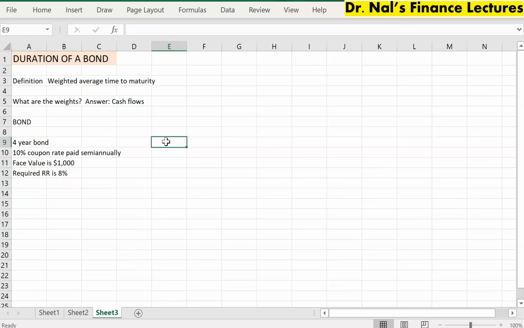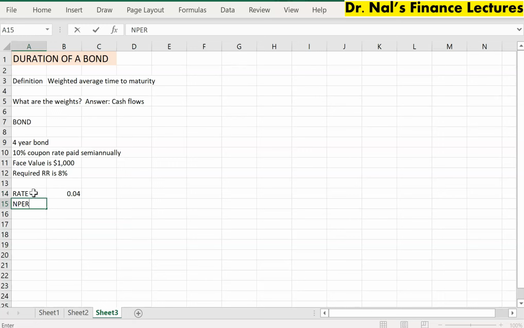All right, so based on these givens, I think we can easily write down the variables. So the rate is, because everything is semi-annual, the rate will be divided into two, 8% divided by 2, that makes sense, 4% basically.